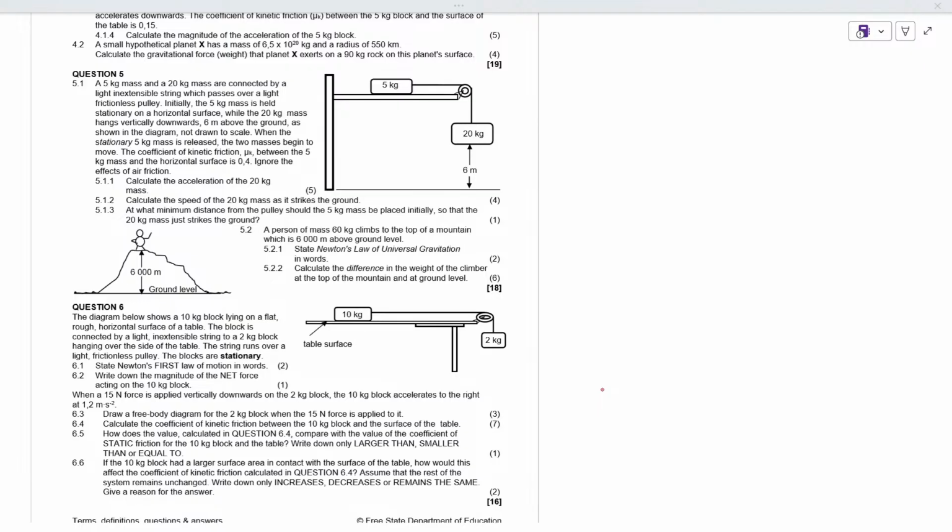But for non-conservative forces, the work done in moving an object between 2 points is dependent on the path taken.